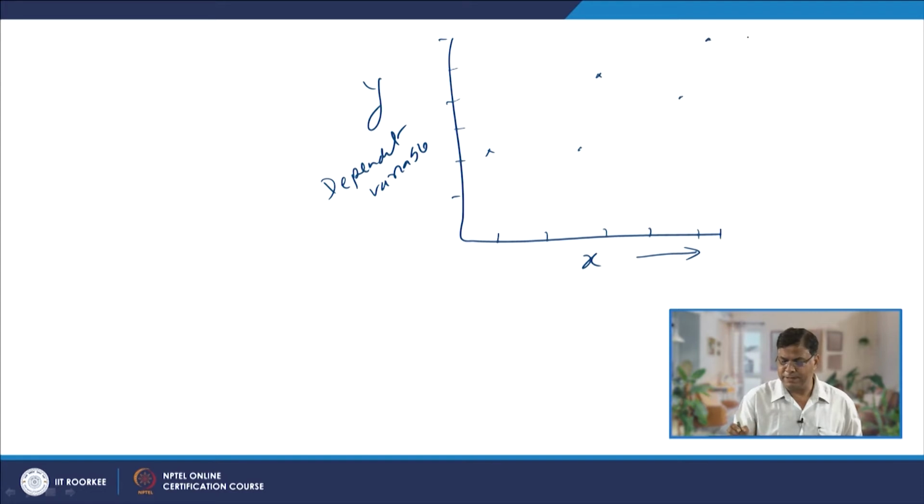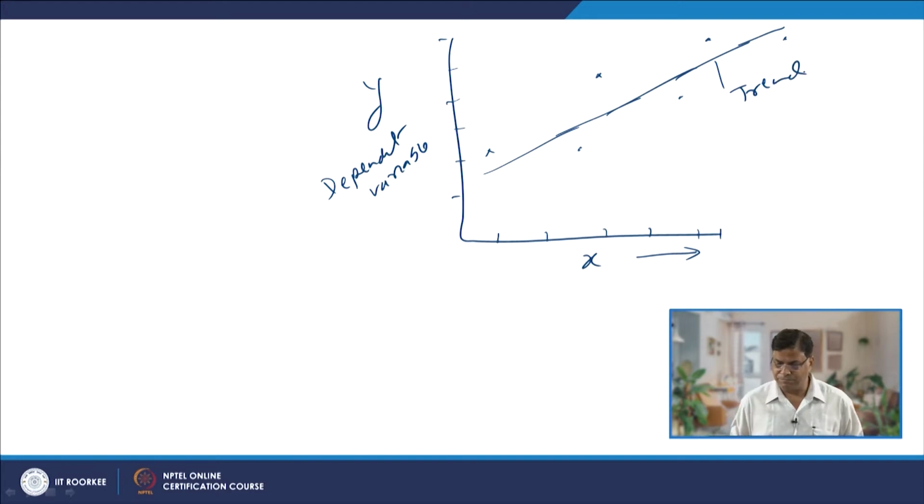like this as a function of x, and we try to determine a trend line, the equation for the trend line corresponding to this variation in y with respect to x, and that is expressed as y is equal to a plus b x.